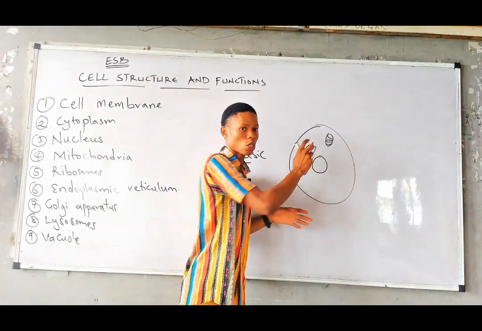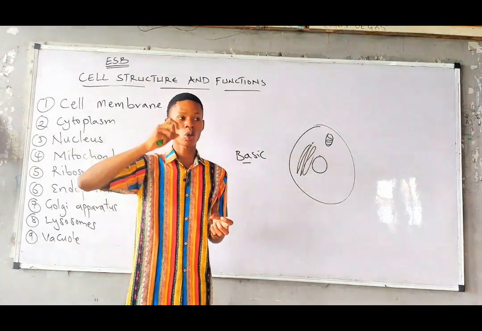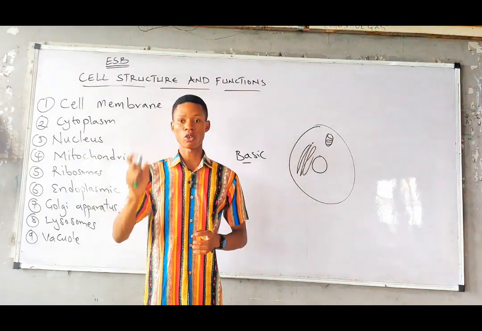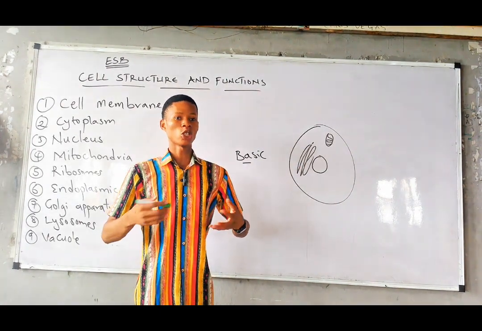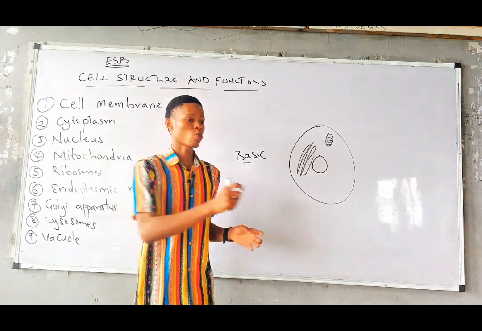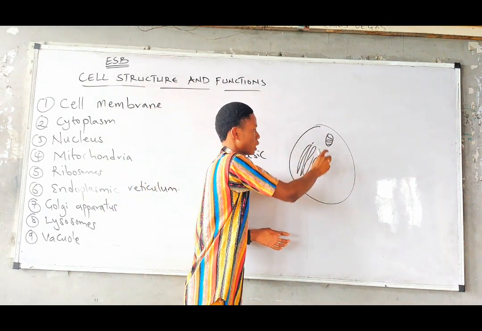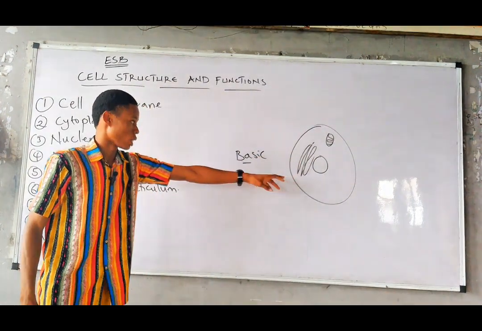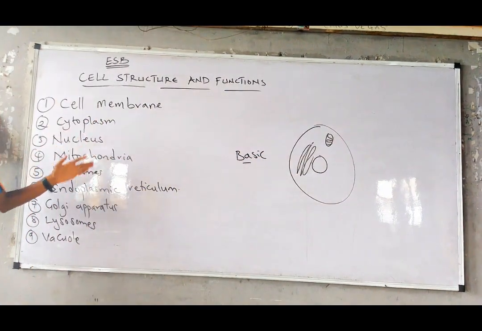And these are organelles. Organelles are specialized materials in the cell that carry out specific functions. The cell carries out the activities of life. There are specialized structures in this cell that help to carry out that function, and those are what we call organelles. And some of the organelles are this.